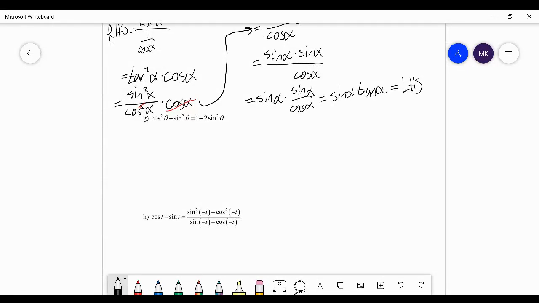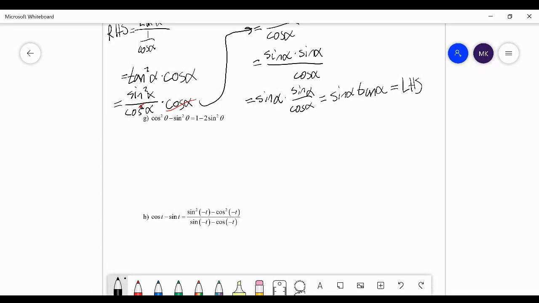Cosine squared theta minus sine squared theta is equal to 1 minus 2 sine squared theta. All right. What can we do? Well, this is a really easy one.